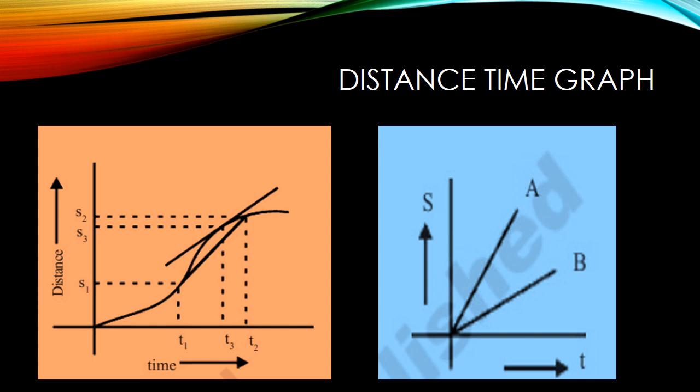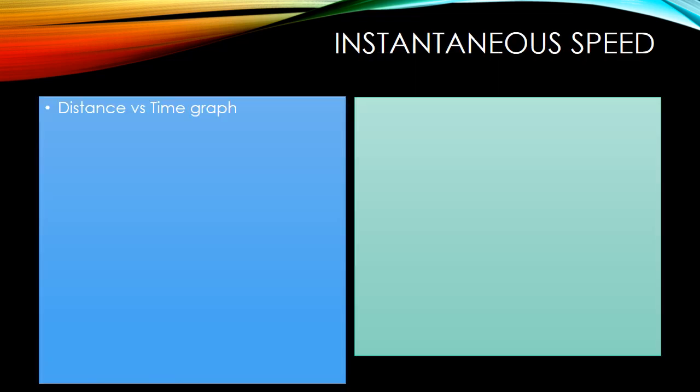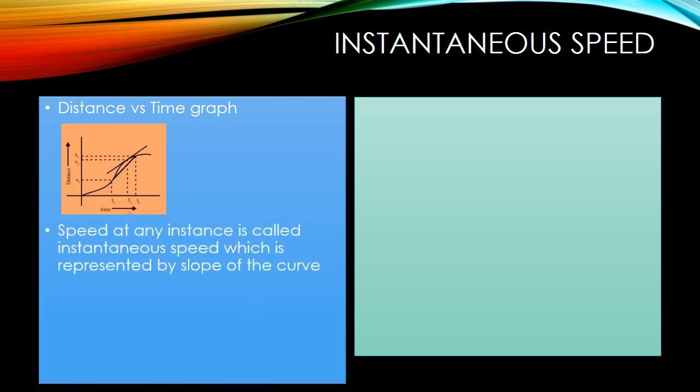For A, more distance is traveled in less time, and for B, less distance is traveled in more time. So easily we can say A is traveling with a greater speed and B is traveling with a lower speed. So speed at any instant is called instantaneous speed. Very good. So the average speed formula is S2 minus S1 by T2 minus T1.